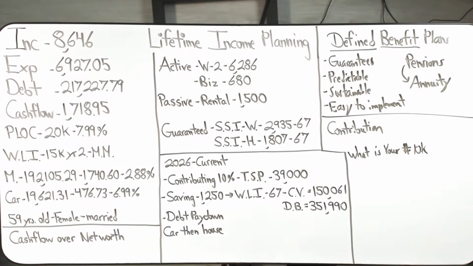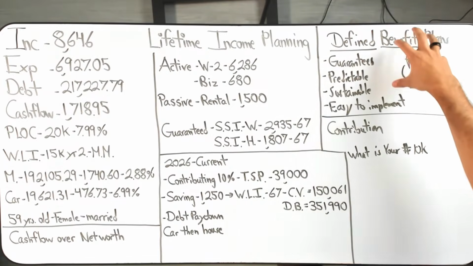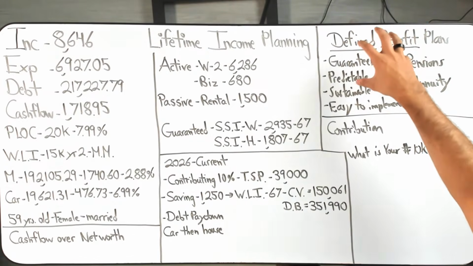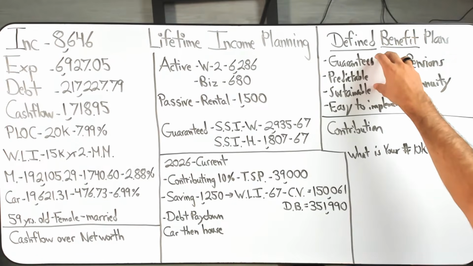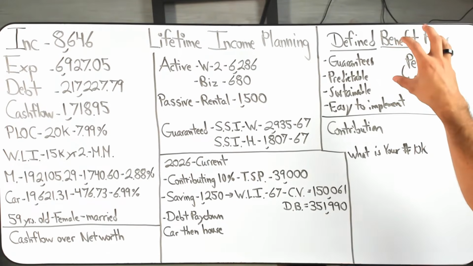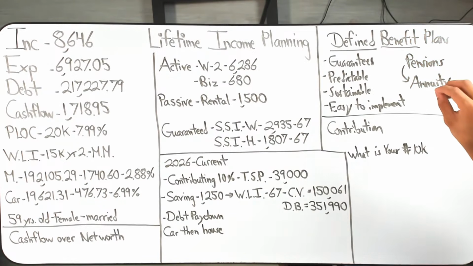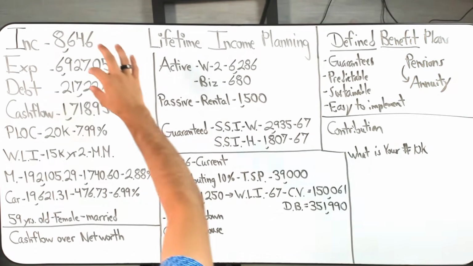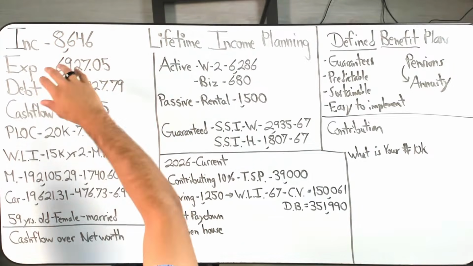Well, what we're going to do is we're going to solve for that number, and we're going to do it with this model, the defined benefit plan model. We're going to use guaranteed products that will create enough income that their expenses would be fully covered.